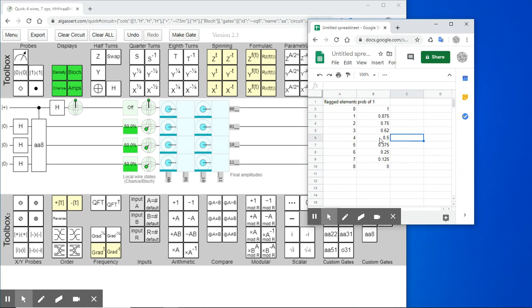Now, how does this translate to an actual phase, right? This is actually a phase of 180 degrees, right? And this is a phase of 90 degrees. And this is a phase of 0 degrees.